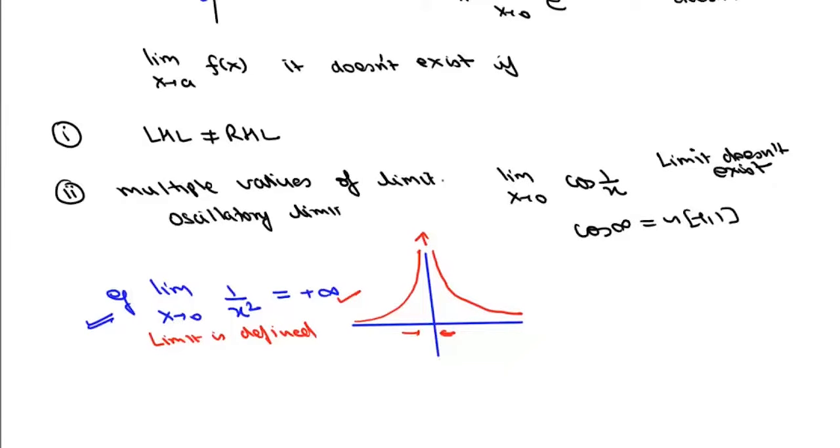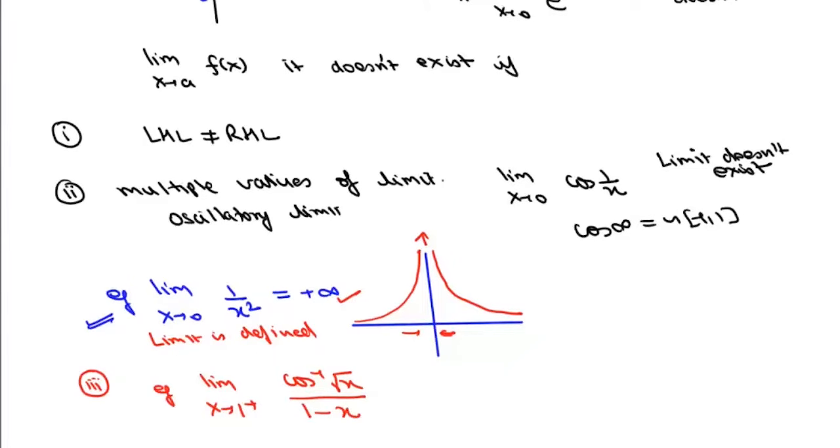Now there will be some cases in one-sided limits where the function may not be defined in the neighborhood. Say for example, if we want to write this limit x tends to 1 positive cos inverse under root x upon 1 minus x.